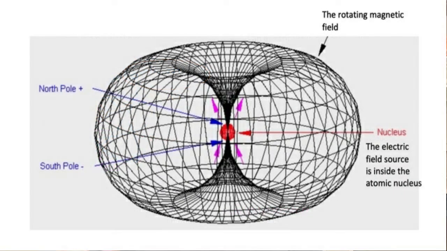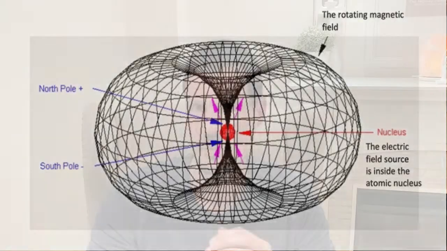I think it's the rotating magnetic field that gives the atom its space volume in this physical world, and this whole physical world is made up of atoms, according to physics and chemistry.